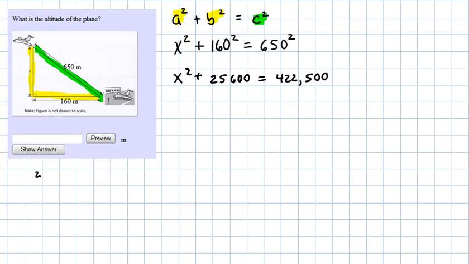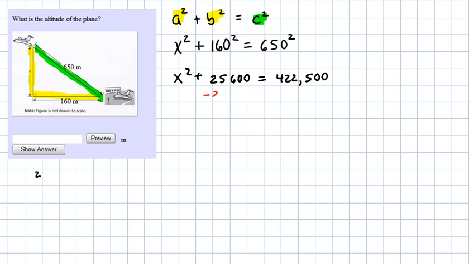Now a lot of times when we have a quadratic and x squared, we jump into the quadratic formula. But when you don't have an x to the first power term, basically the quickest way to do it is to just get x squared by itself on one side and then extract the roots.